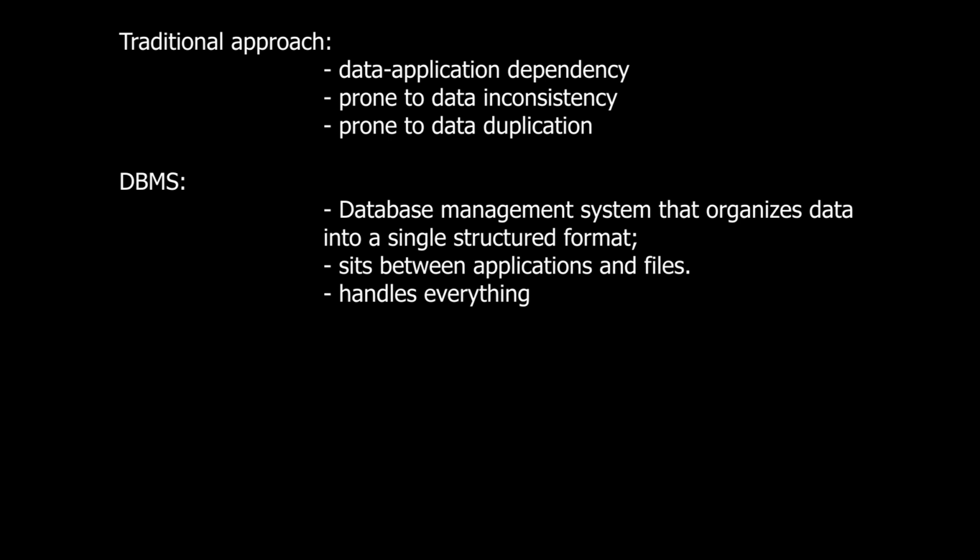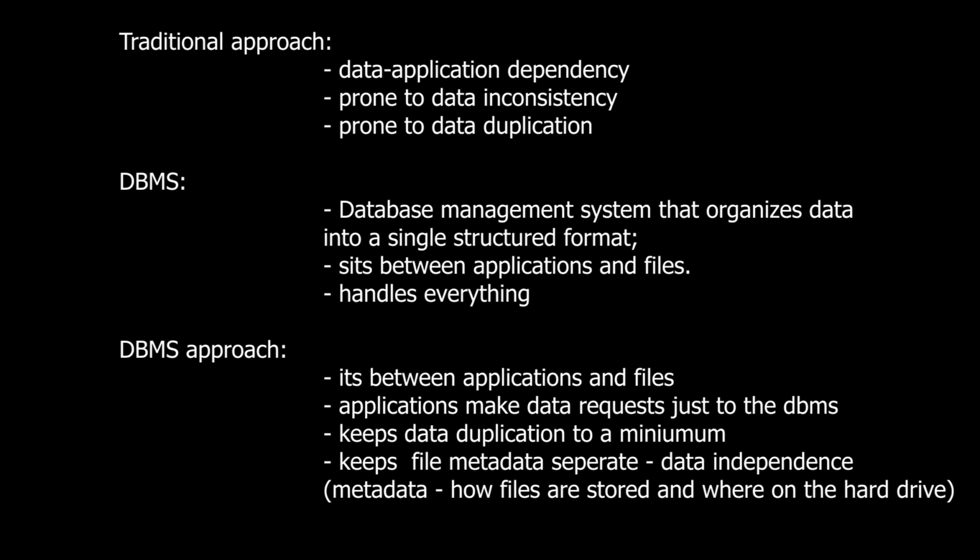They sit between application and files. They handle everything, and in the DBMS approach, applications make requests just to the DBMS. The DBMS approach keeps data duplication to a minimum, and it keeps file metadata separate, which is data independence, and metadata is how files are stored and where on the hard drive.